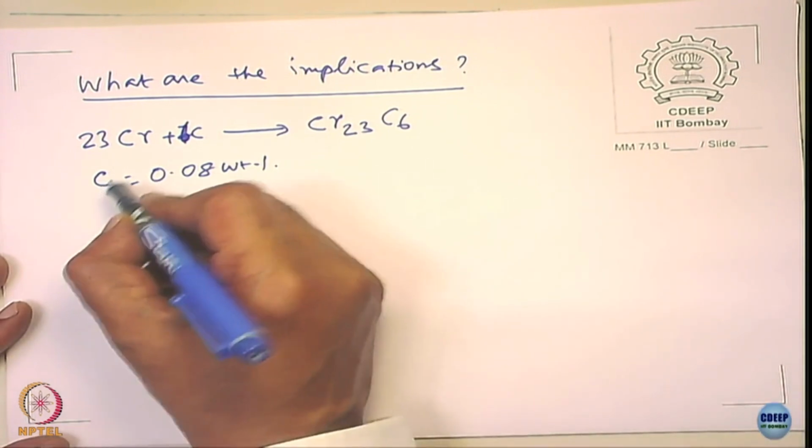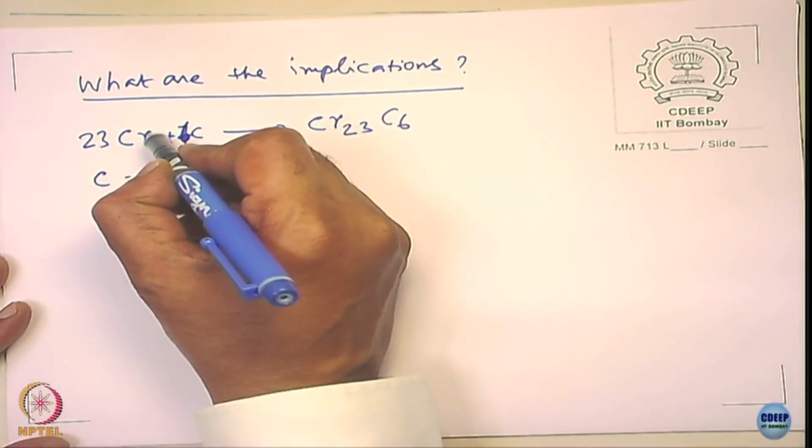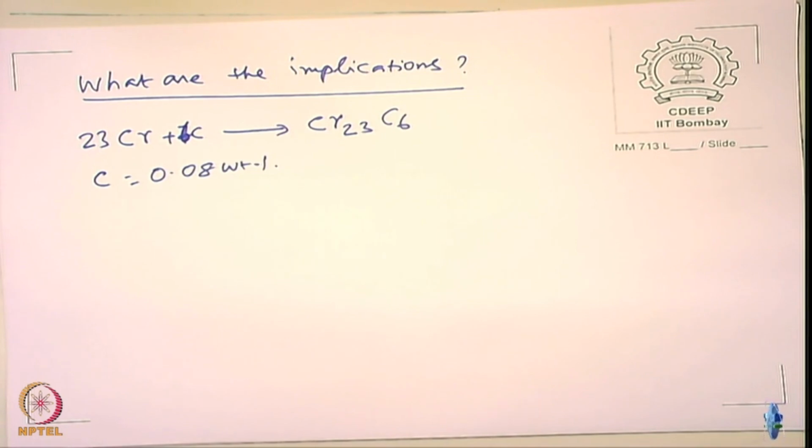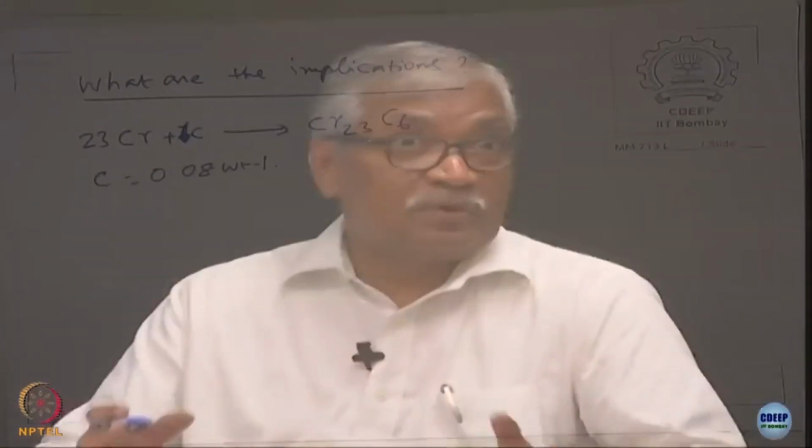The carbon takes away the chromium. Can I simply increase the chromium content, let us say 40%, instead of 18% chromium, I added 40% chromium to the alloy? Do you think the sensitization will go away? Because I am compensating with more chromium.